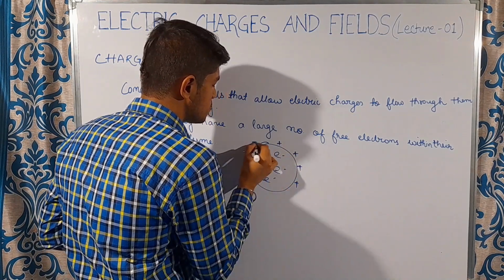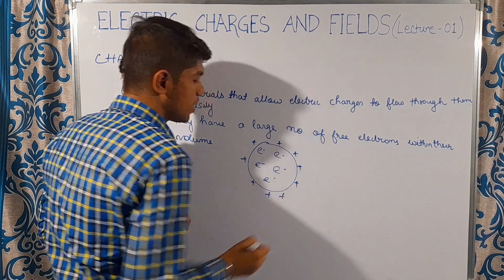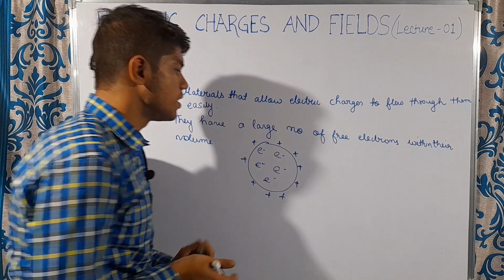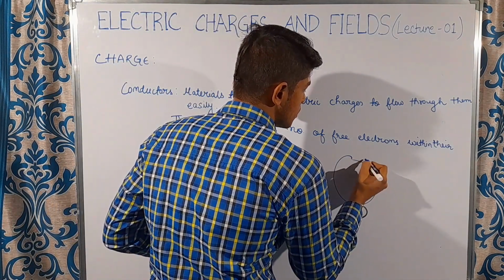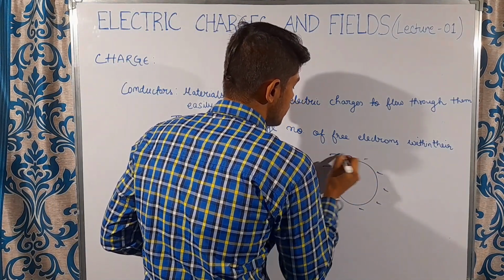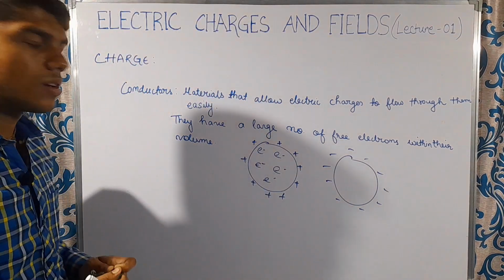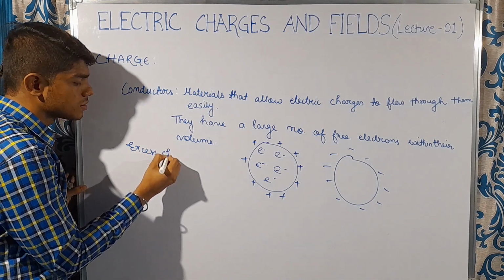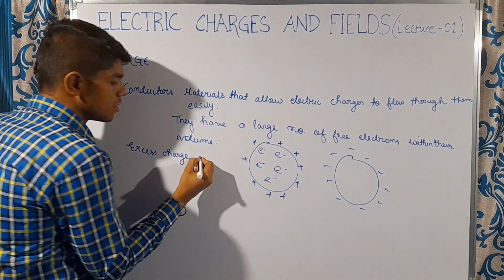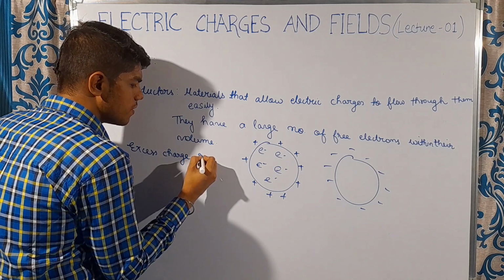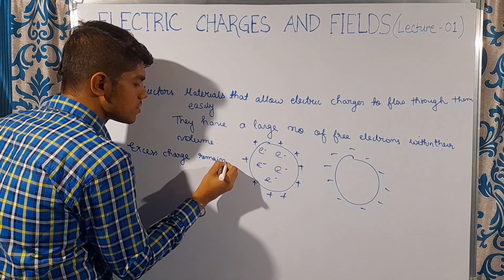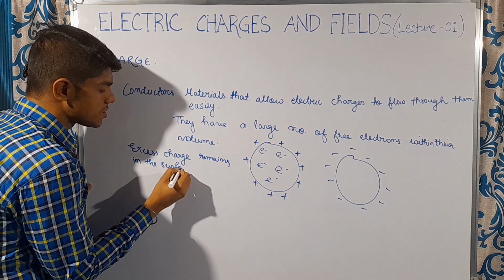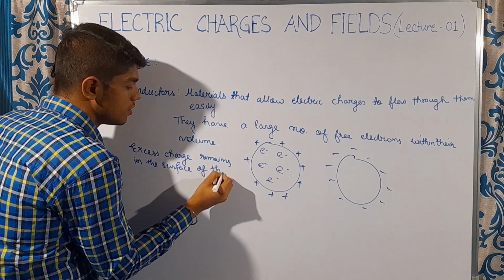Suppose you have given a positive charge to this conductor. The positive charge will remain on the surface. Similarly, if you give a negative charge to this conductor, then the charge will get distributed on the surface of the conductor. So excess charge resides on the surface of the conductor.